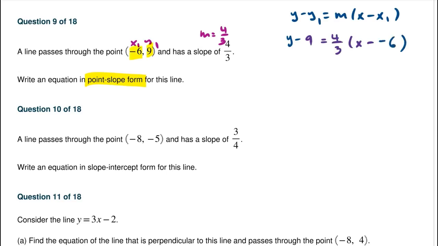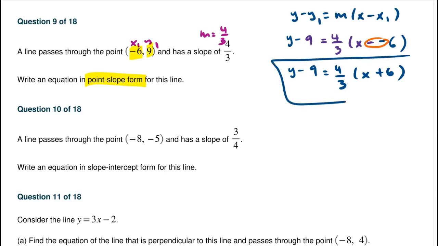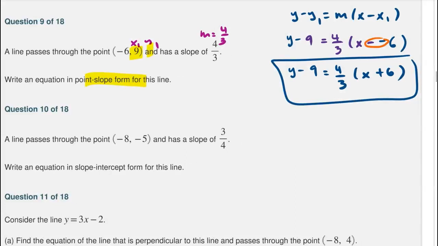So we have a double negative here. The 2 negative signs will turn into a positive. So y minus 9 equal to 4 over 3, x plus 6. And that would be it. That's the answer for problem 9.